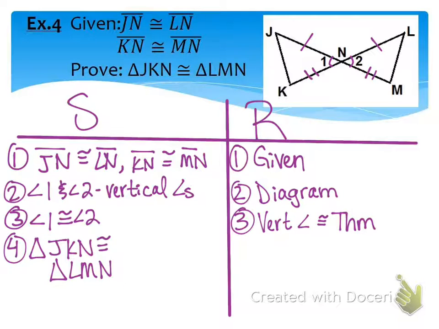The SAS thingy. Yes, I would not write the word thingy in a proof. You could just put side angle side. It is a postulate. Side angle side postulate works there. So again, we've got two pairs of congruent sides, and the included angles congruent to each other.